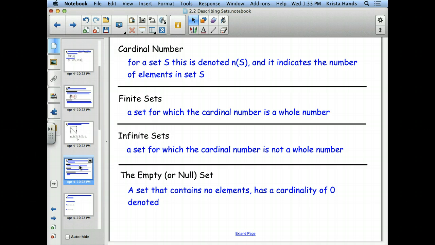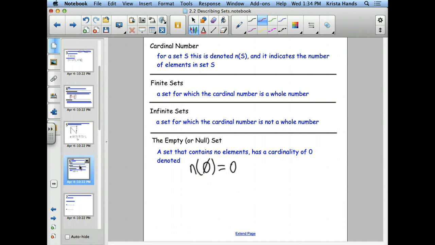It has a notation. The notation for this, the cardinal number notation n, looks like this. Let me make mention of this because I always have students who use this. This is not the number 0. This is the empty set.